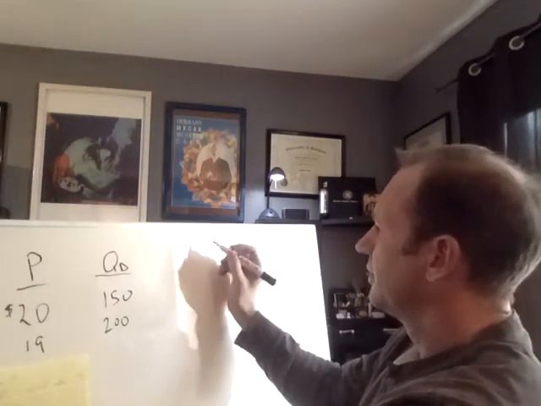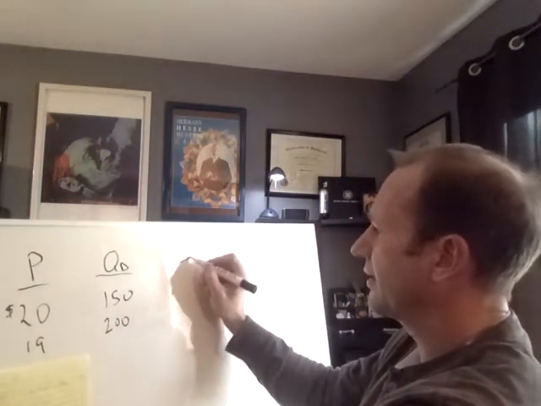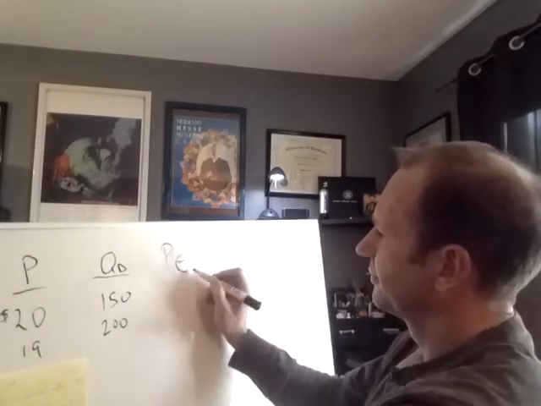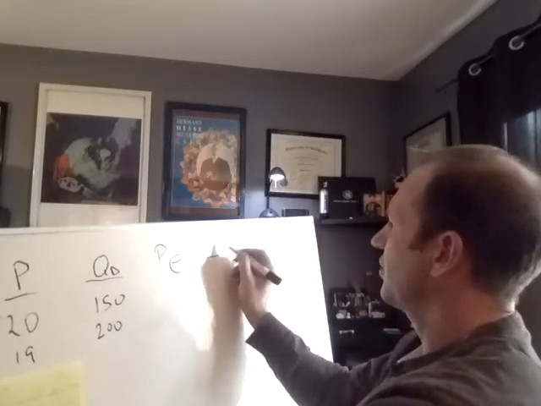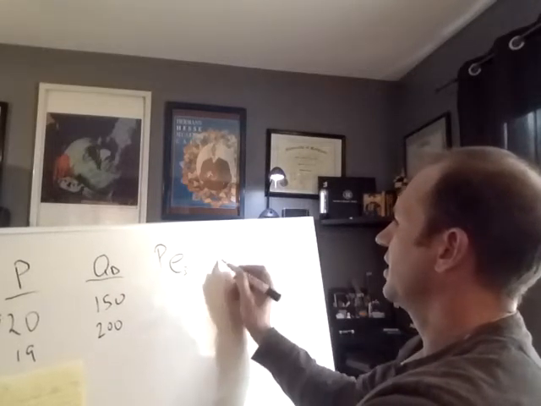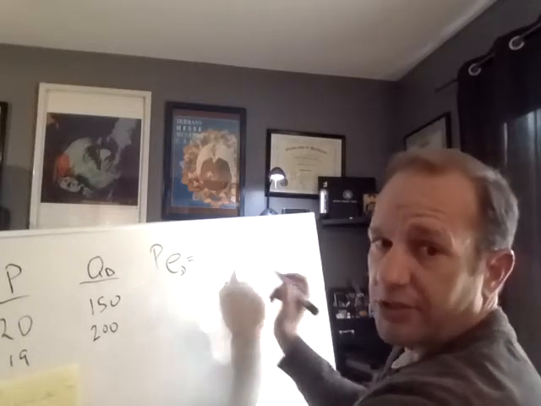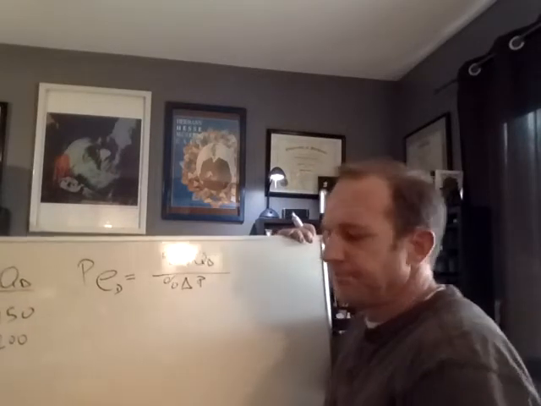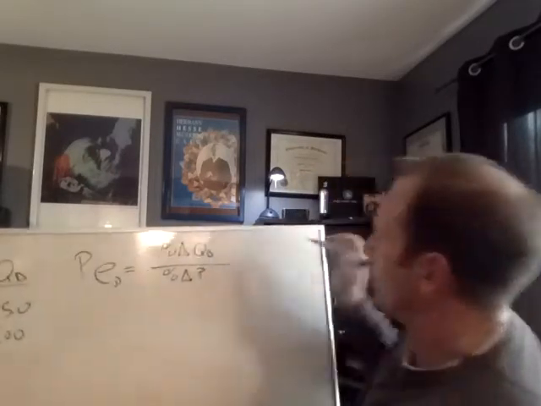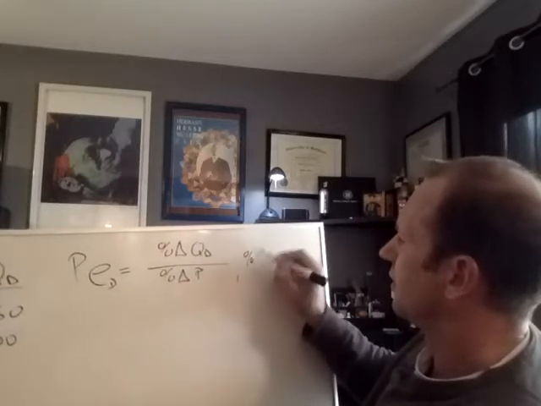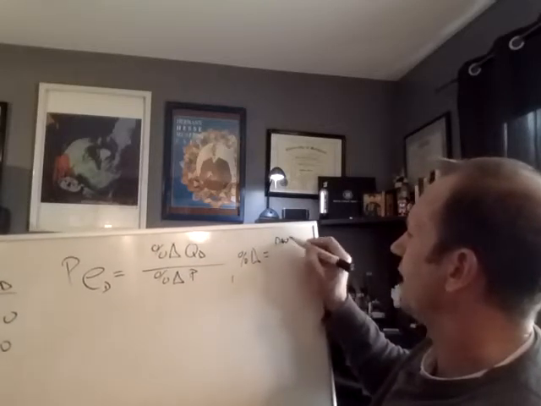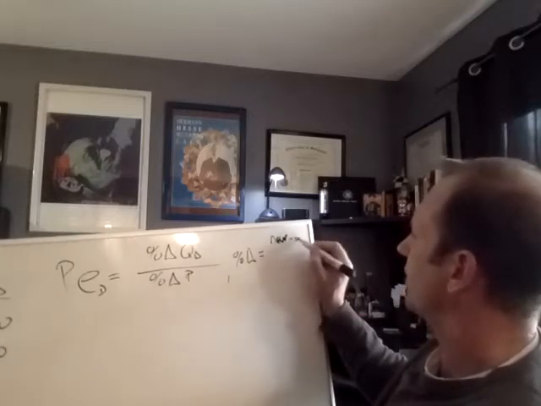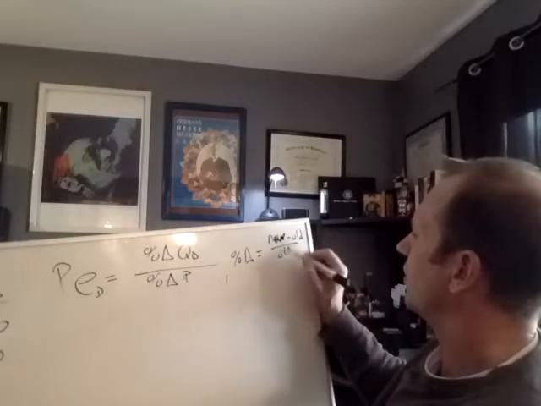So my general form for price elasticity of demand is the percent change in the quantity demanded given some percent change in price. Percent change is new minus old over old.